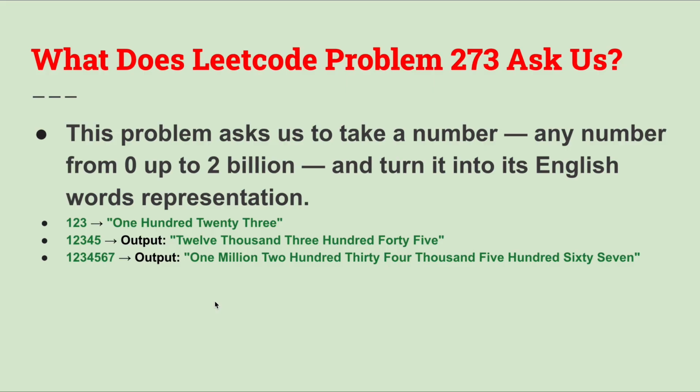Our end goal is to take any number between 0 and 2 billion and represent it in English words. So if we have 123, we write it in words. The same goes for 12345 and 1,234,567.